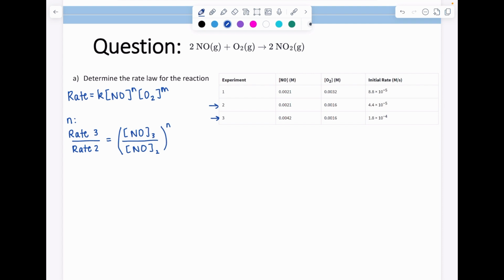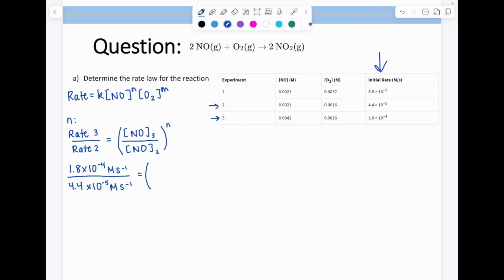So let's plug in some values here. We have 1.8 times 10 to the negative 4 molarity per second divided by 4.4 times 10 to the negative 5th molarity per second. So these are just the rates of those two reactions.